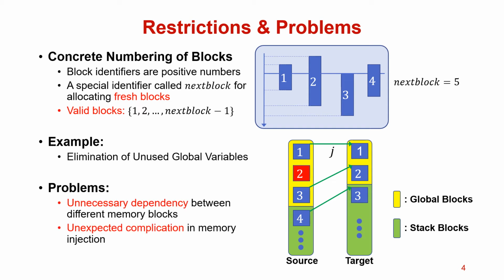This example illustrates that the concrete and consecutive numbering of memory blocks creates unnecessary dependencies between different kinds of memory blocks. In turn, it creates unexpected complications in memory injection and in the proofs of the compiler's correctness.